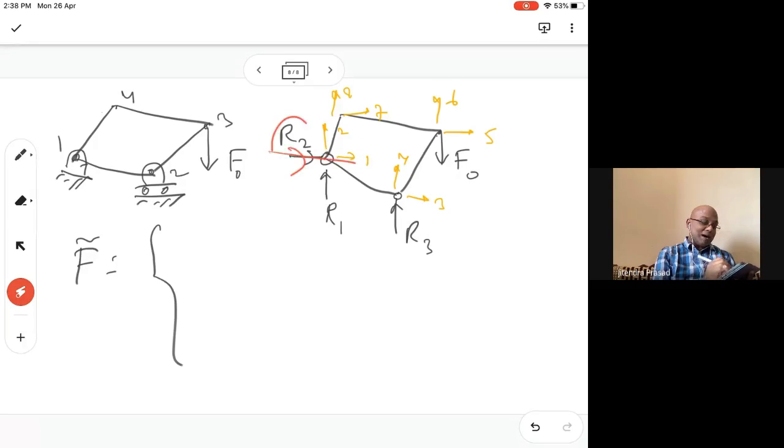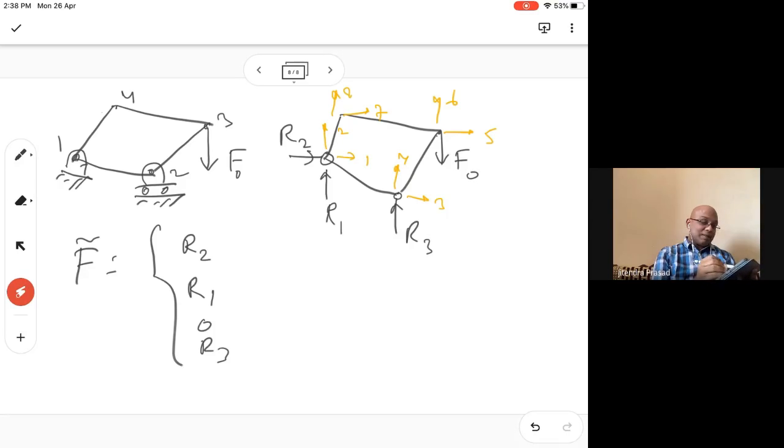In this direction we have R2, so we write R2. Next is R1 upward, so this is R1. Then the third one, in this direction, is 0. Then we have upward R3.